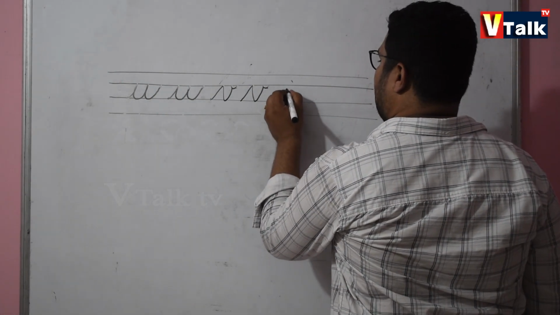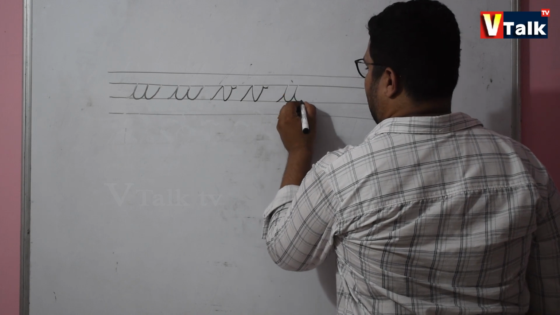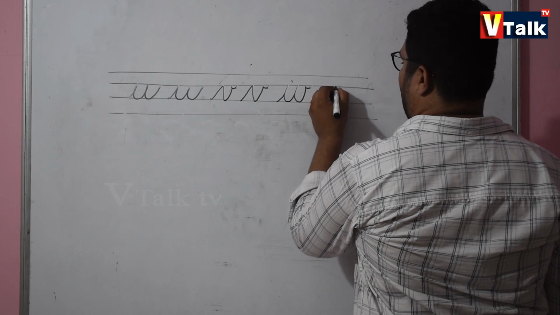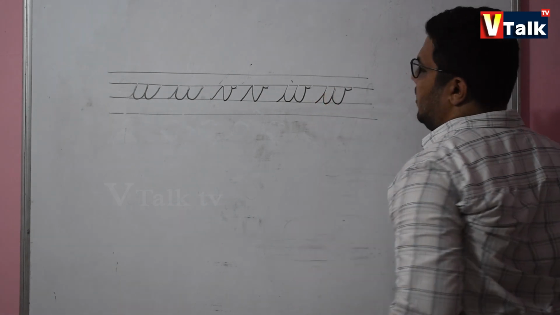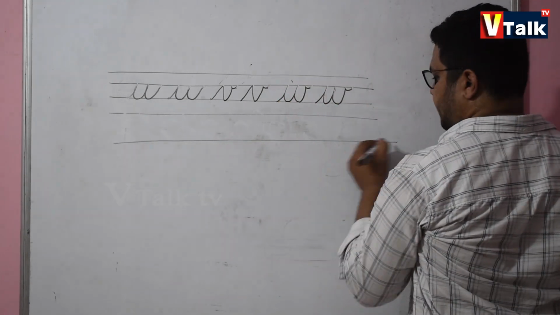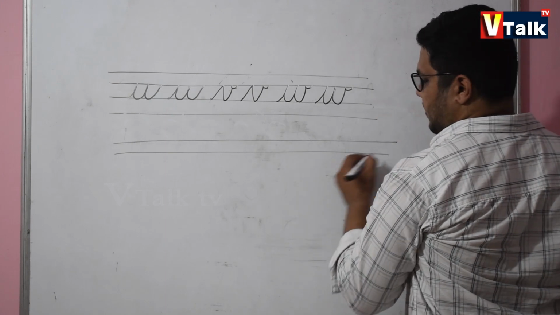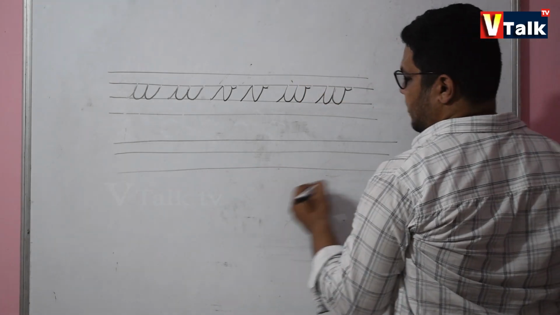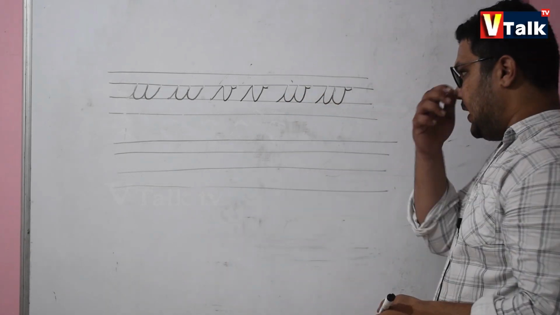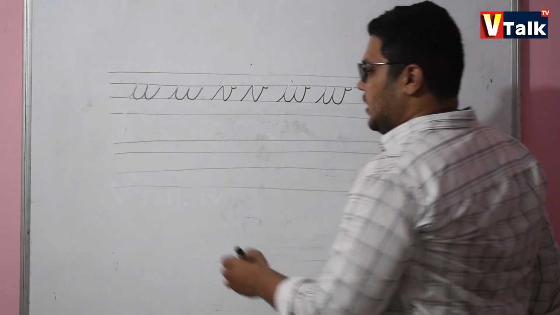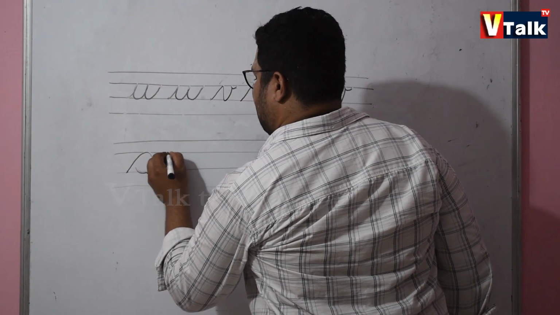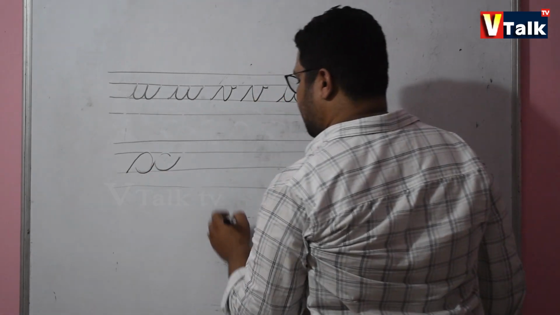W: writing the U two times and ending with a loop. Writing the U two times, ending with a loop. Next, X: writing the opposite C stroke and a C stroke, ending here.